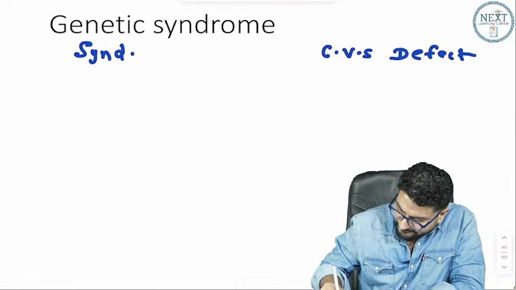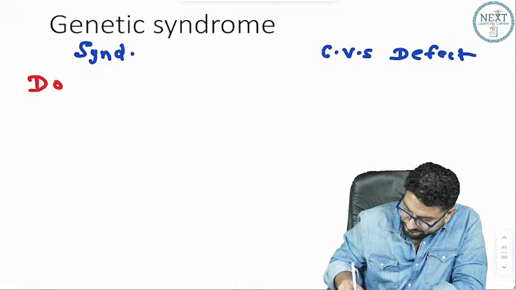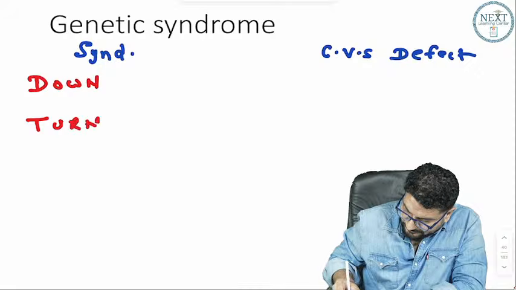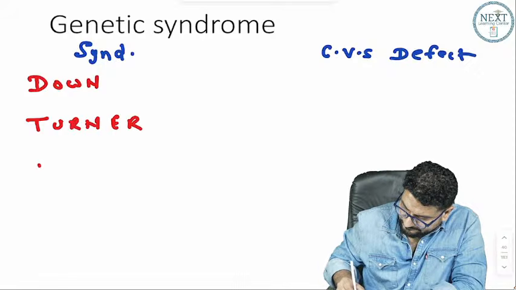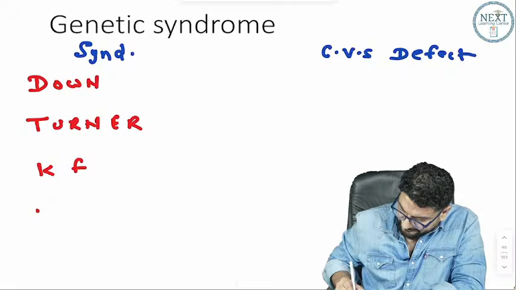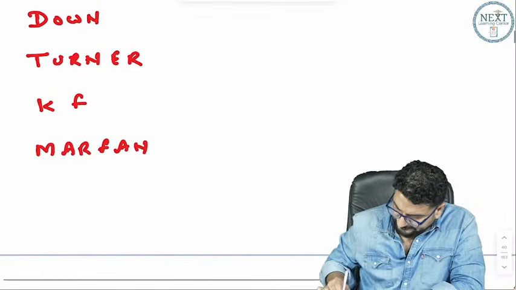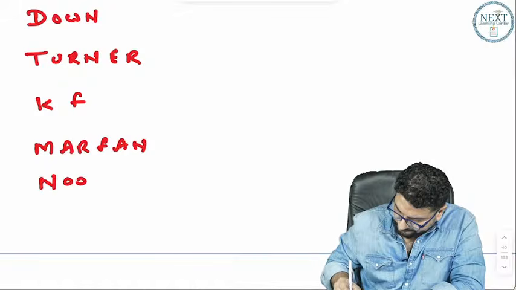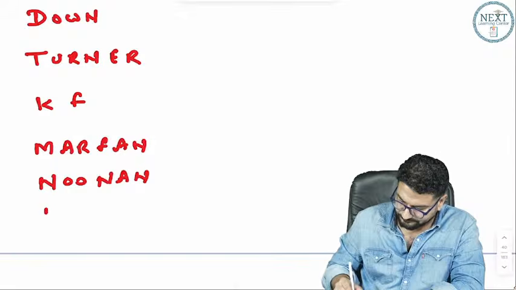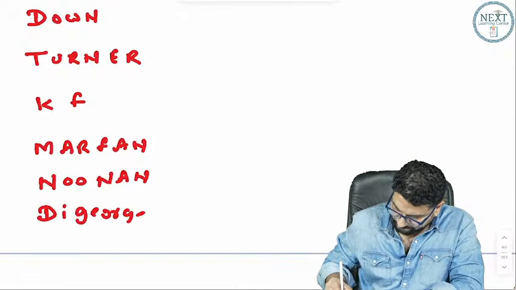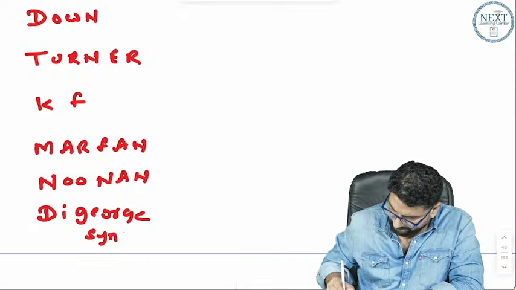So starting with the first one, we have Down syndrome. Then they ask you Turner syndrome, Klinefelter syndrome, Marfan syndrome, Noonan syndrome, DiGeorge syndrome.